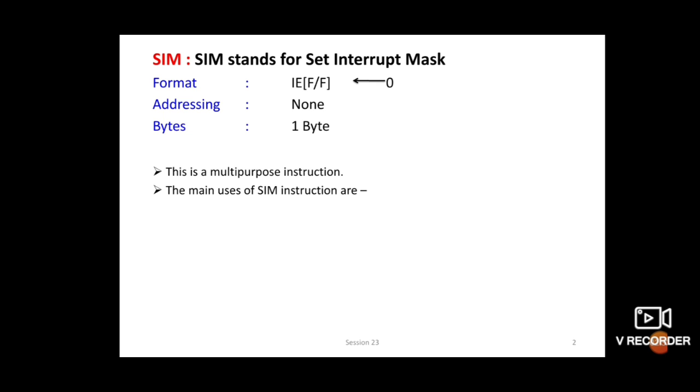When the SIM instruction is executed, the content of the accumulator decides the action to be taken. So before executing the SIM instruction, it is mandatory to initialize the accumulator with the required value.